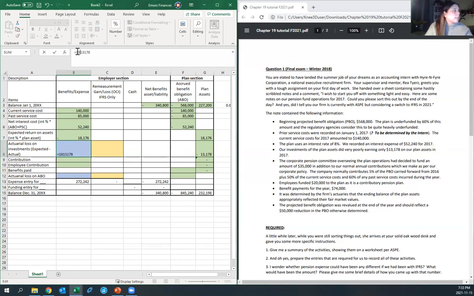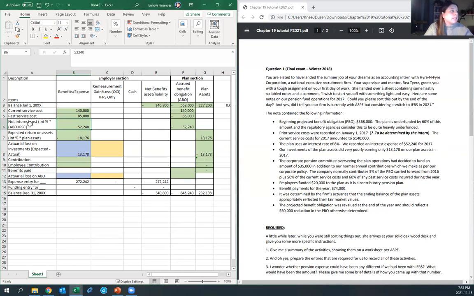The interest cost isn't here. No, your net interest cost isn't just your 8% times ABO because you have past service costs that are taken into consideration. So when there's past service costs, they're going to mention it to you in the question. You want to add it to your ABO to find your interest cost.